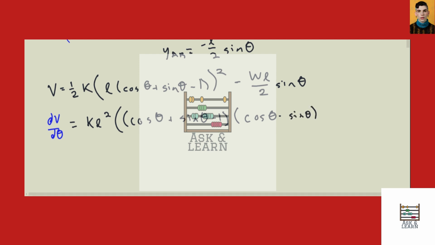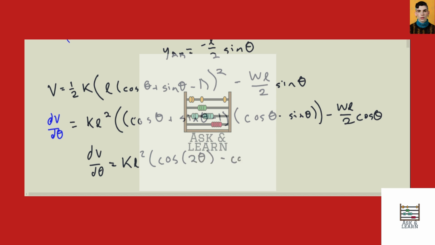And then again, this is just minus WL over 2 cosine theta, just super easy trig derivatives. And we can clean this up a bit to get the first derivative with respect to theta equal to KL squared times cosine 2 theta minus cosine theta plus sine theta, and then just again minus WL over 2 cosine theta.